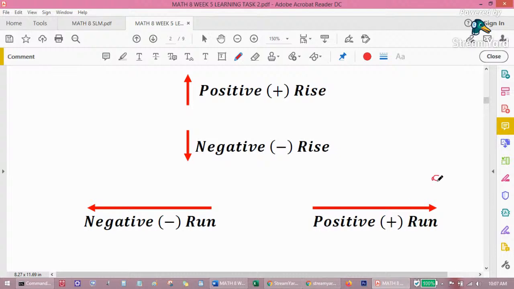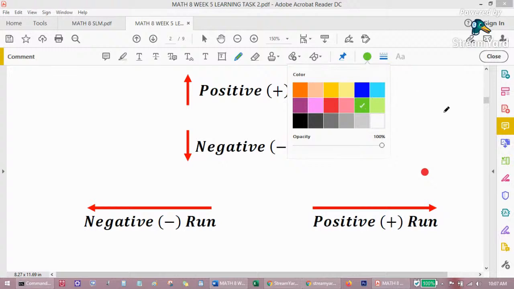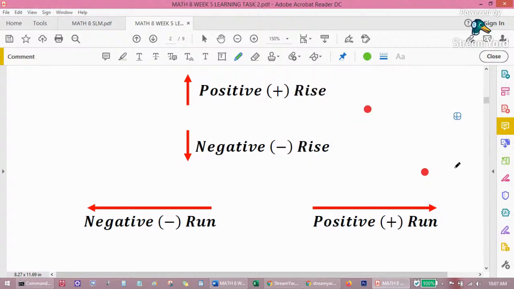Kung yung point mo naman nandito, kung meron kang point dito, and then yung isang point ay nandito, so starting from this point, anong change ng x simula dito sa first point papunta sa second point.